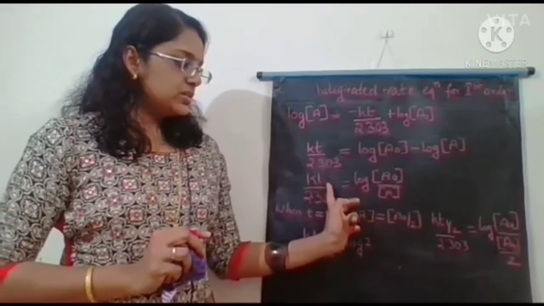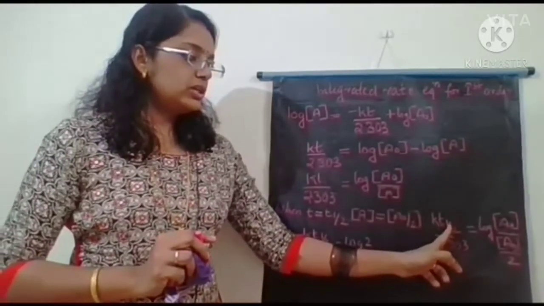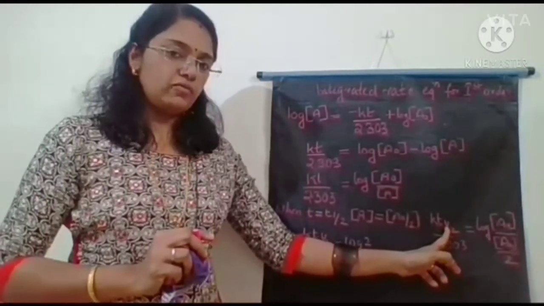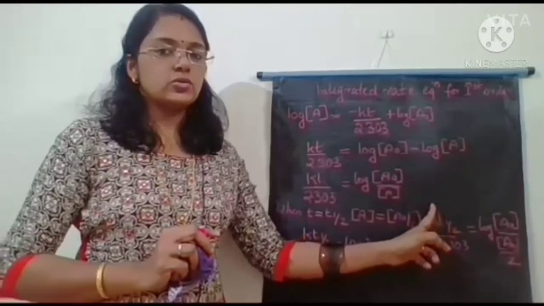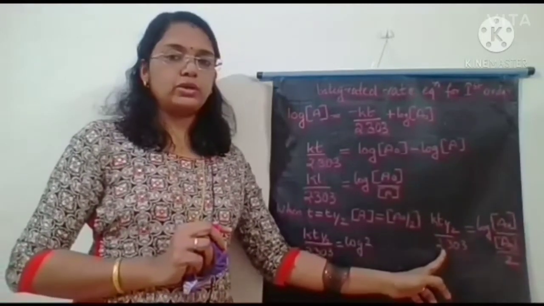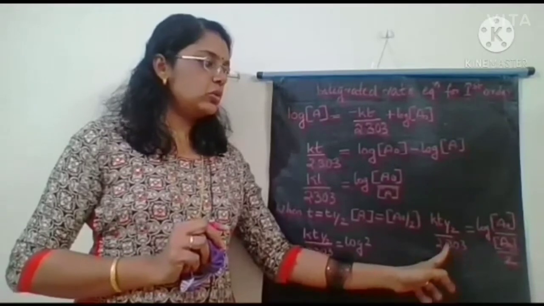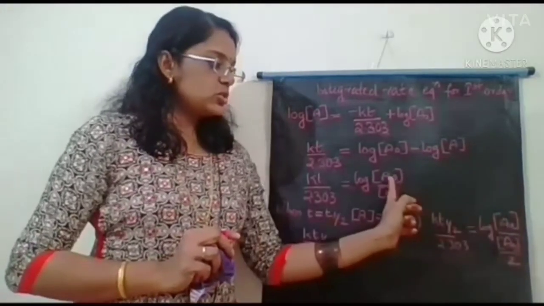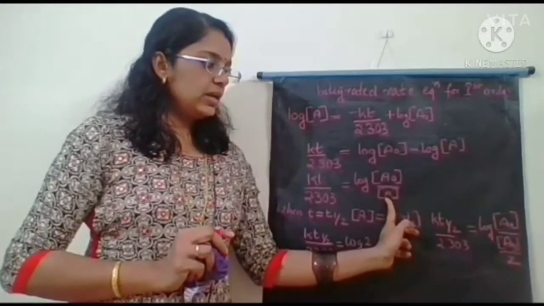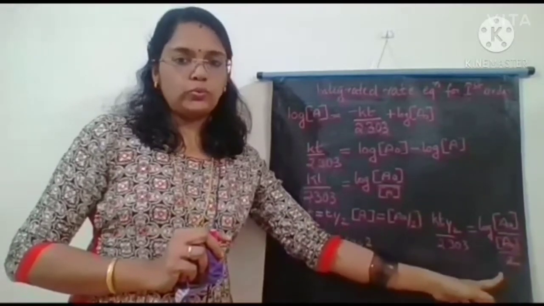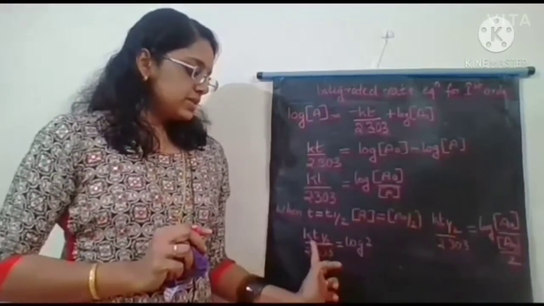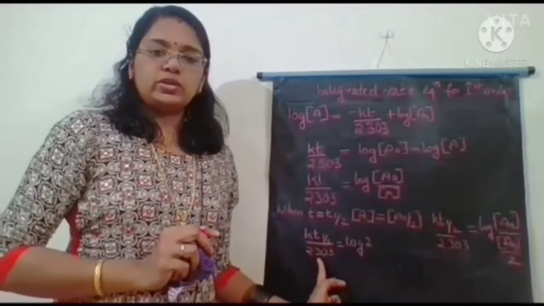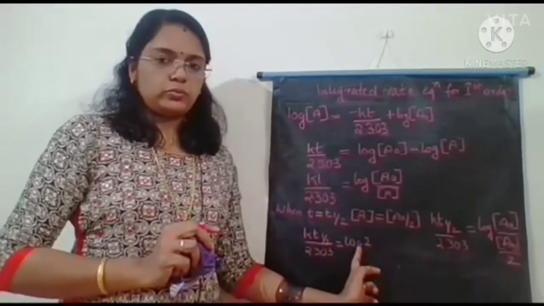So we can substitute in this equation, K into t becoming t half, to find the half-life of the first order reaction. So K into t half divided by 2.303 is equal to log of A0 divided by A, here A0 by 2. So we get K t half divided by 2.303 is equal to log 2.